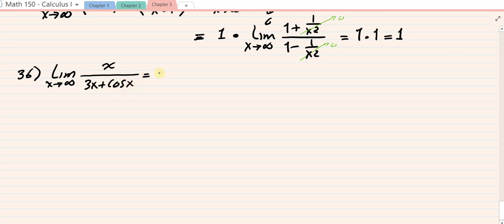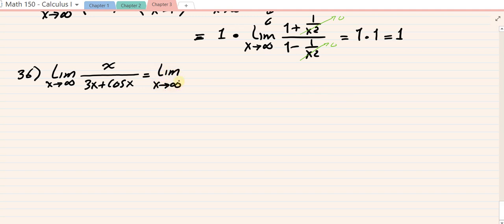At this point, as x goes to infinity, cosine x is not defined, because it fluctuates as x goes to infinity, so it doesn't come to a value. So we need to work this out some other way.